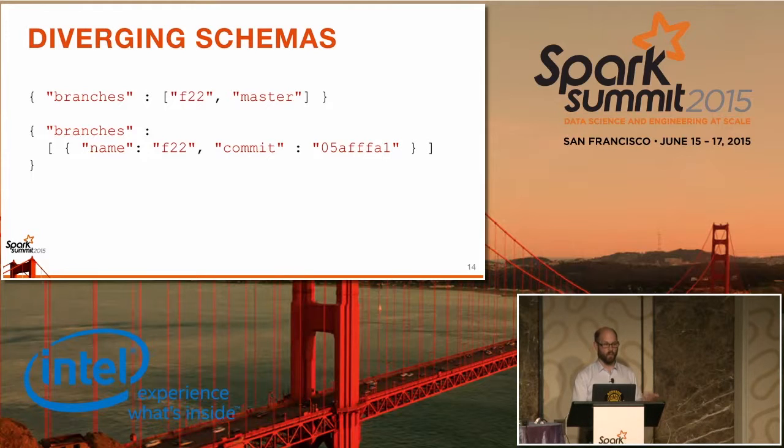So here we have one kind of branches field that's an array of strings, and another kind of branches field that's an array of objects. What Spark SQL will give you here is it will just throw up its hands and say, I'm sorry, I can't do anything useful with this, but I can give you the JSON strings for each branches field, which is also a pain to write queries against. This is better than what it did 6 months ago when it would just crash, though.